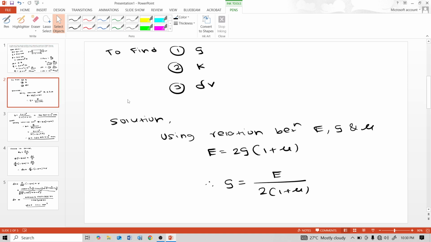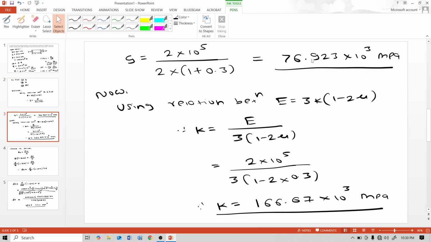See the solving steps for this numerical. First we use the relationship between E, G and mu. E is equal to 2G in bracket 1 plus mu, and by using this formula we find shear modulus. Shear modulus is shear stress upon shear strain. Next we have to find bulk modulus.